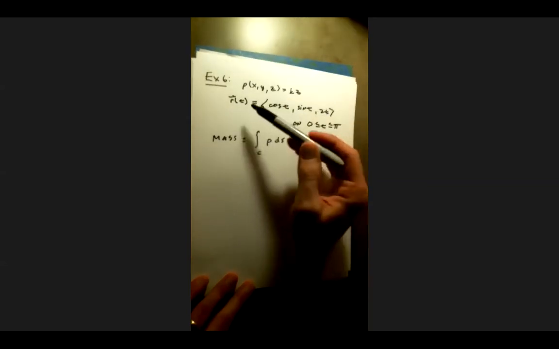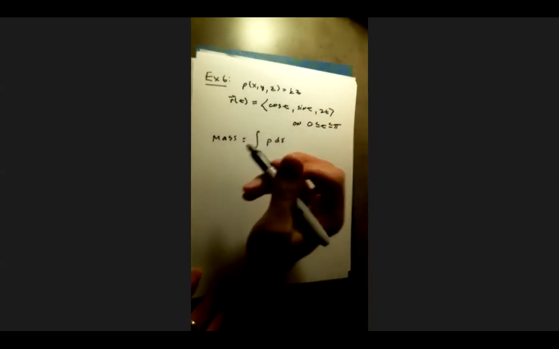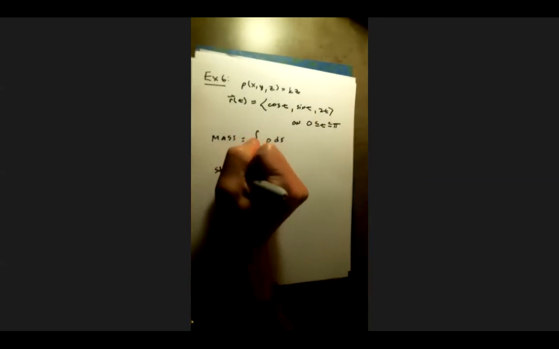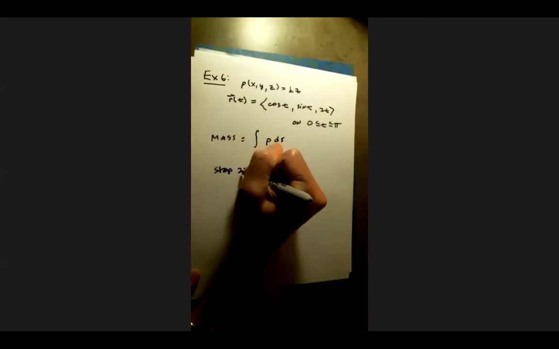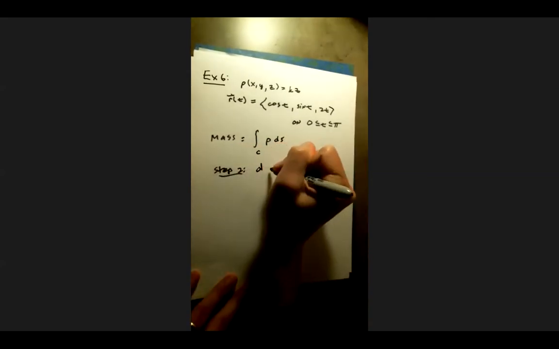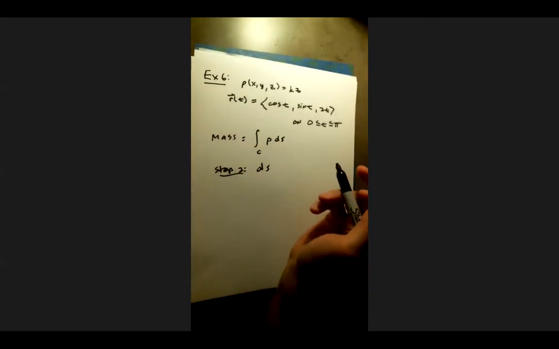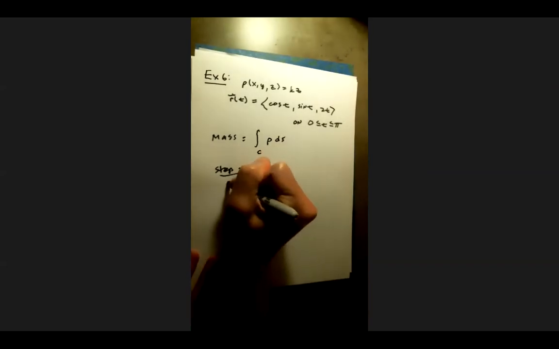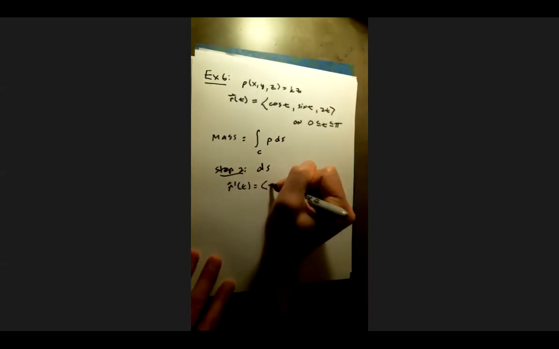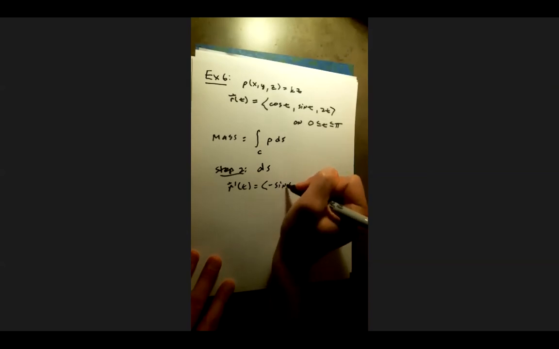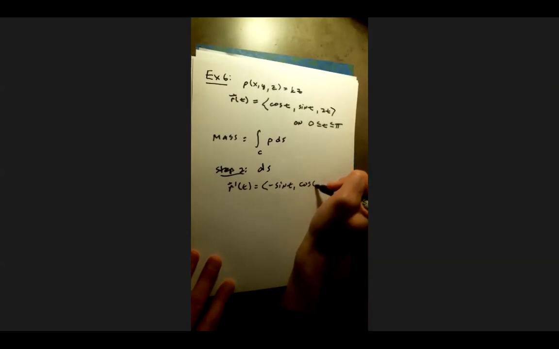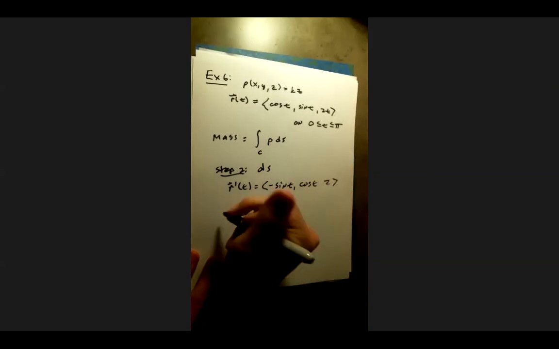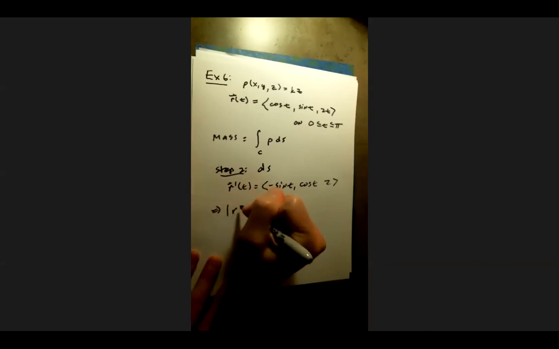So thankfully, it's already parametrized for us, so we can jump straight to step 2. And we can look for our ds. So to find ds, we need r prime of t, which is negative sine t, cosine t, 2, magnitude.